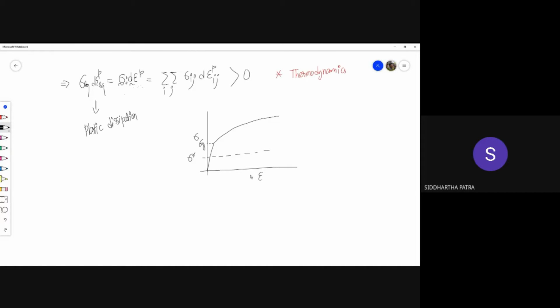I would mark one point A over here, and then I'm drawing a line parallel to the elastic part of it, which intersects with the stress strain diagram at B. Then I will take a differential strain, or let's say differential plastic strain. I'm showing the differential strain, but in calculation I'll only be taking the differential plastic strain.